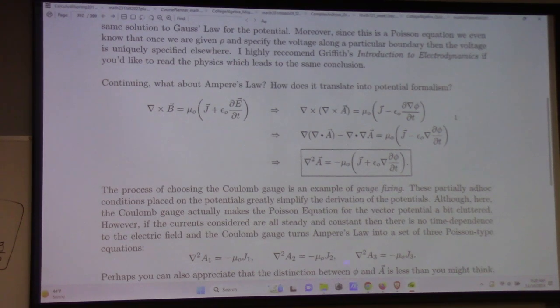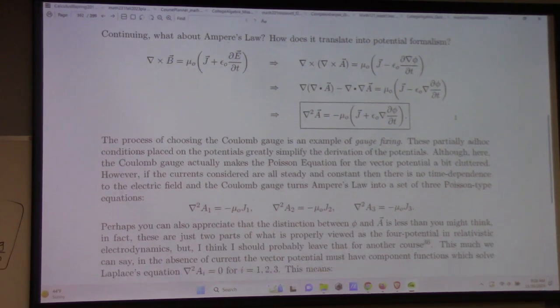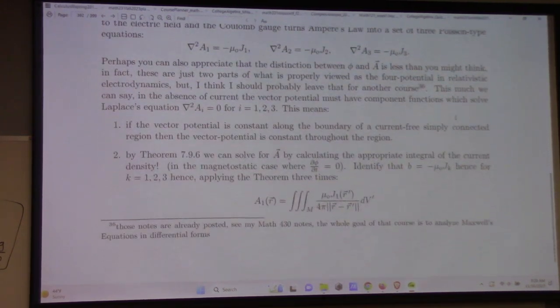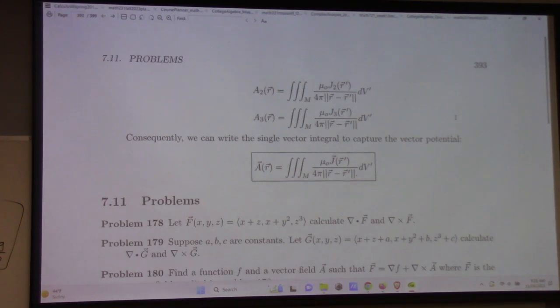You get these 3 Poisson equations, each of which you can solve in the same way we solved the problem for Gauss. And lo and behold, you get this formula. For example, for the first component of the vector potential, you just integrate the first component of the current density times mu naught over 4 pi. So there is a straightforward method for integrating the current density to get the vector potential, just like there is for the voltage.